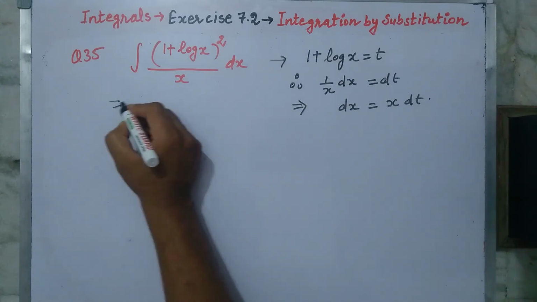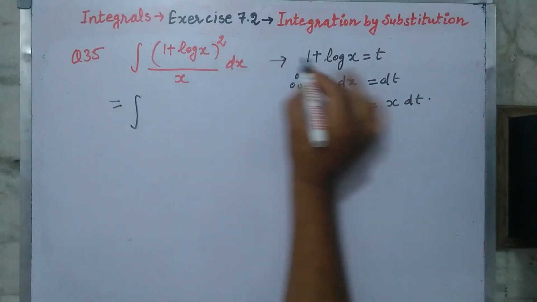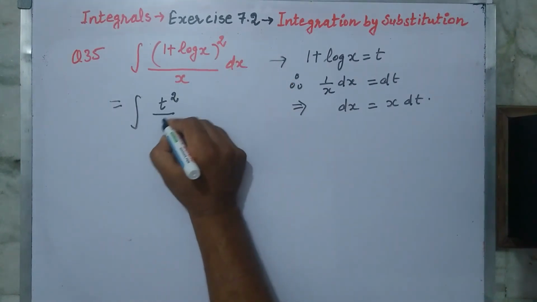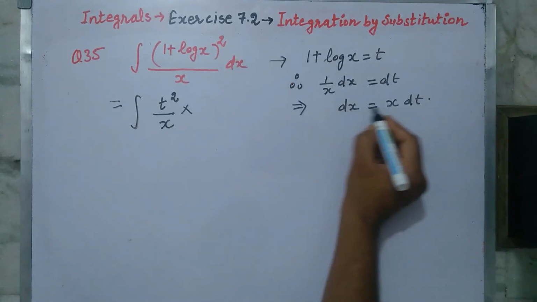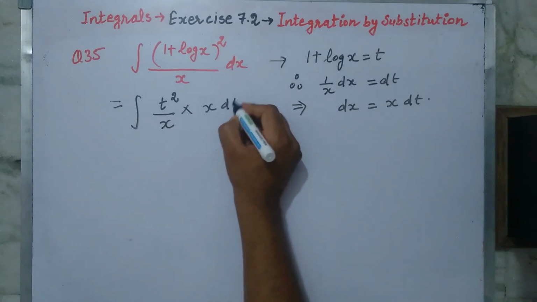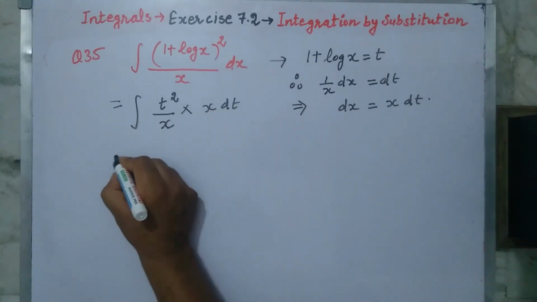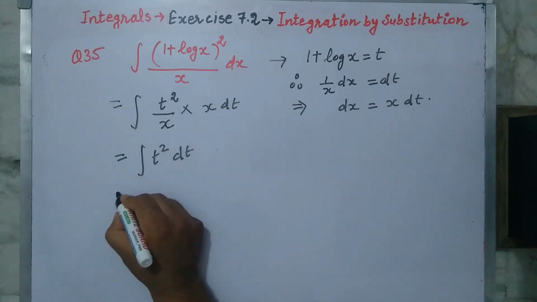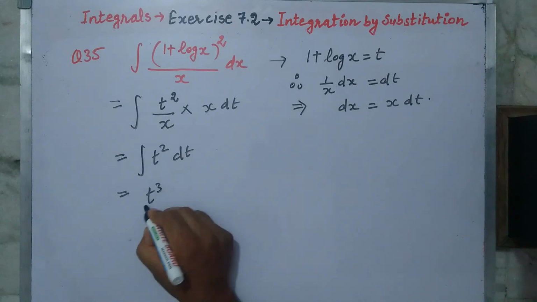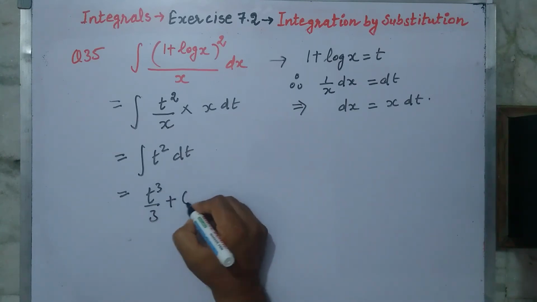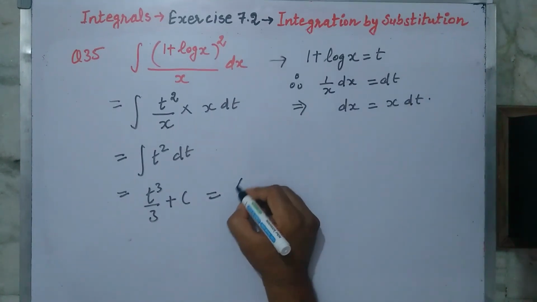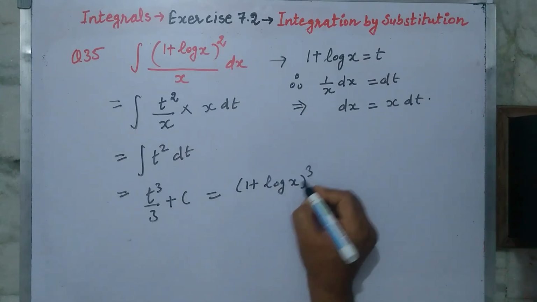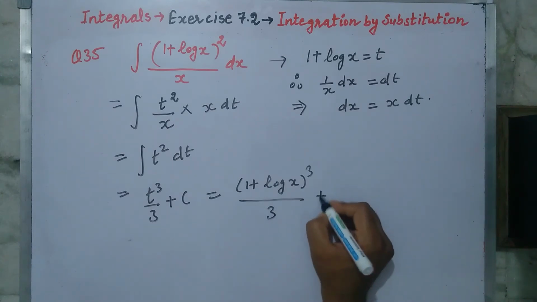So this is now equal to 1 plus log x, meaning t, whole square upon x, dx meaning x into dt. X cancels out, t square into dt is equal to t power 3 upon 3 plus c. T meaning 1 plus log of x, whole power 3 upon 3 plus c.